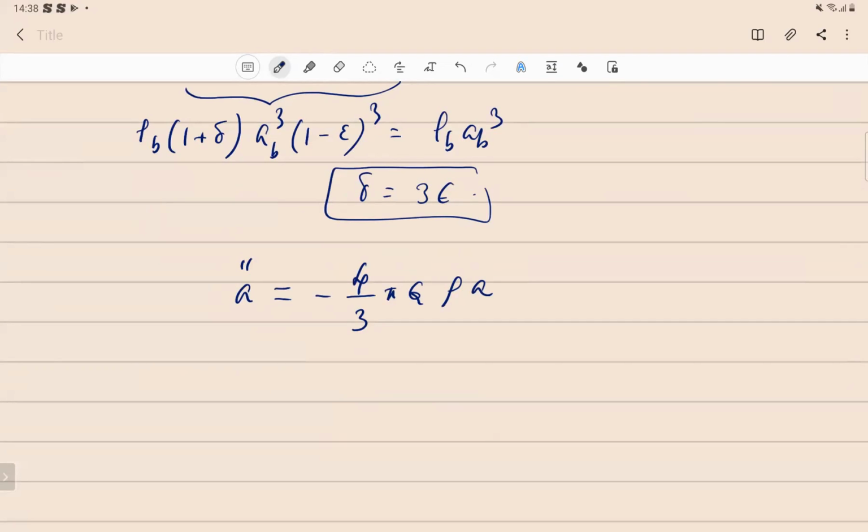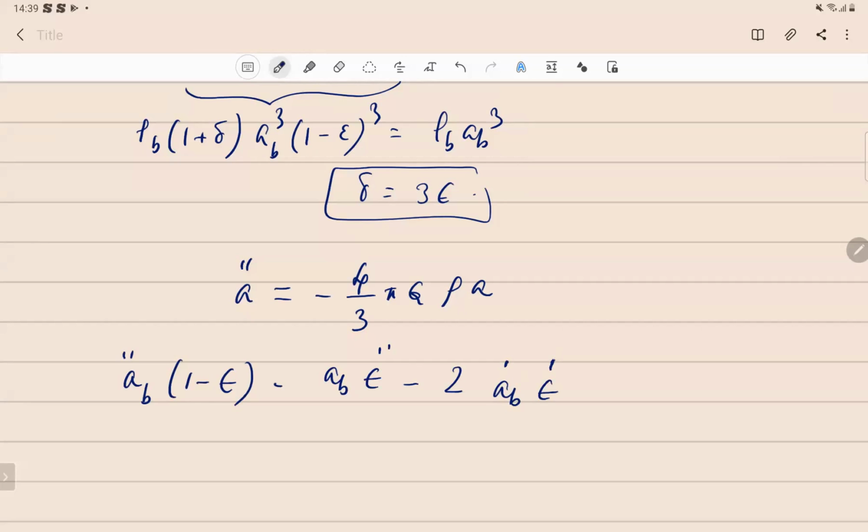So now we have to find this A double dot, and A is basically related to A background. So if you write rho as rho background times 1 plus delta, and substitute all that in, then you would have A background double dot times 1 minus epsilon. That's the first term. Then you would have minus A background epsilon double dot, and you will have a minus twice A background dot epsilon dot.